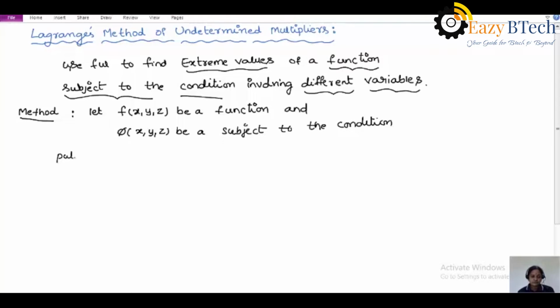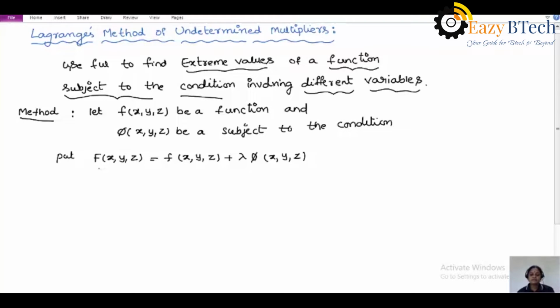Then put capital F of x comma y comma z is equal to small f of x comma y comma z plus lambda into phi of x comma y comma z.